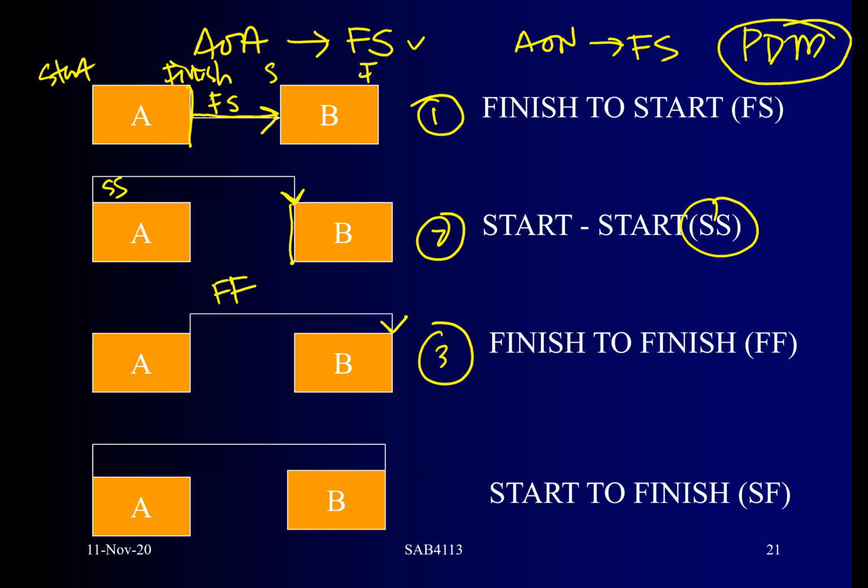And then number 4. Number 4 is the reverse of finish to start, which is start to finish. I would say it is rarely used, but people do use this activity, for a reason.